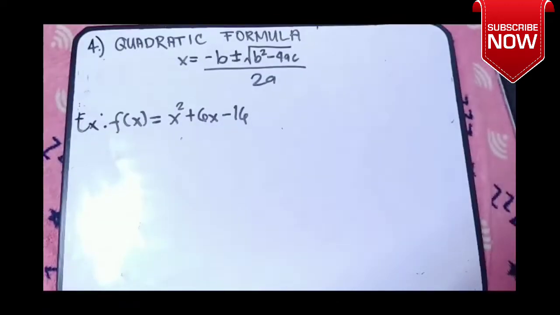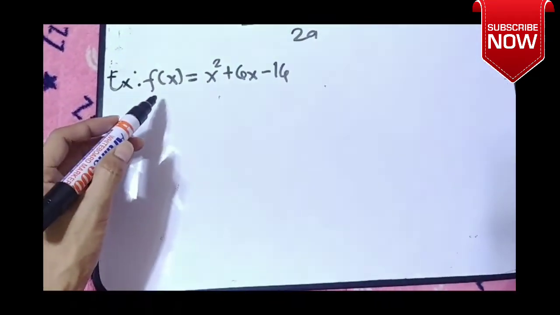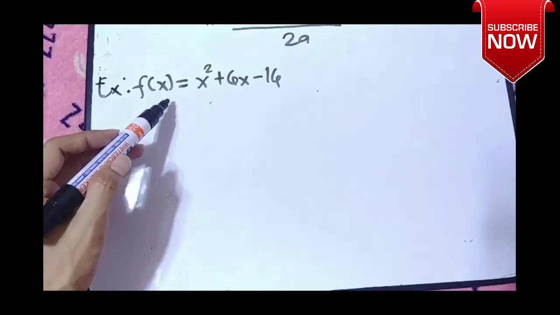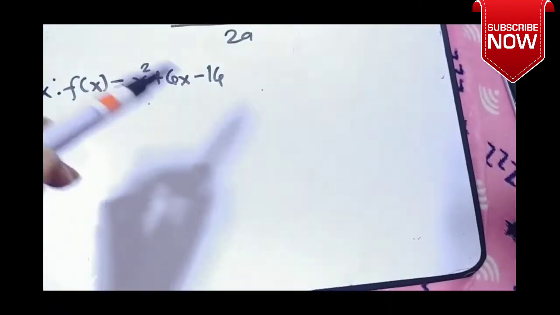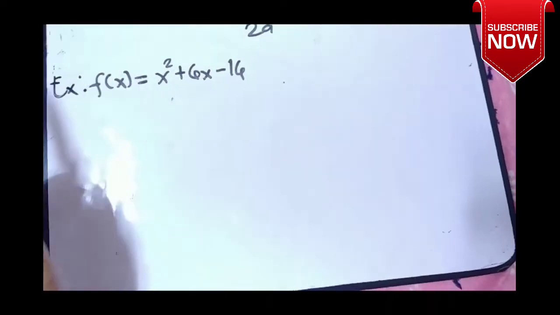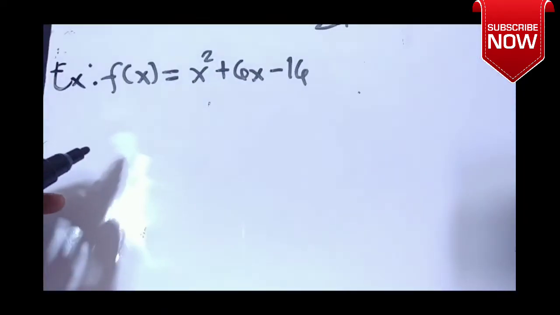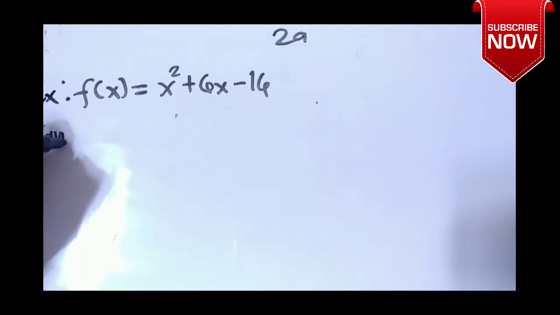Okay, so second sample na tayo using quadratic formula pa rin. So the equation is f of x equal to x squared plus 6x minus 16. So kung mariremember natin, ito rin yung equation na ginamit natin using the completing the square. Okay, so the first step is to write the given.